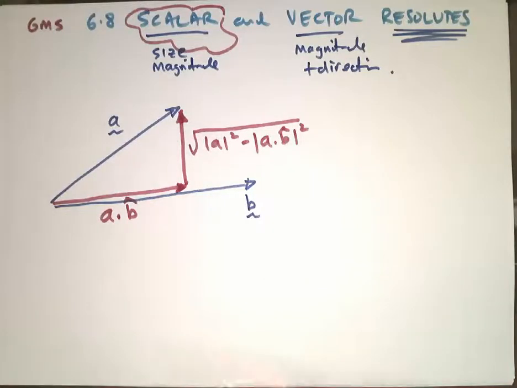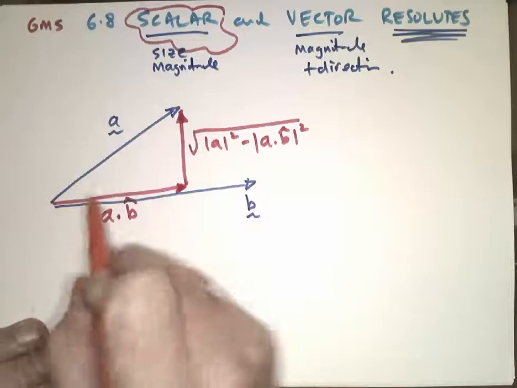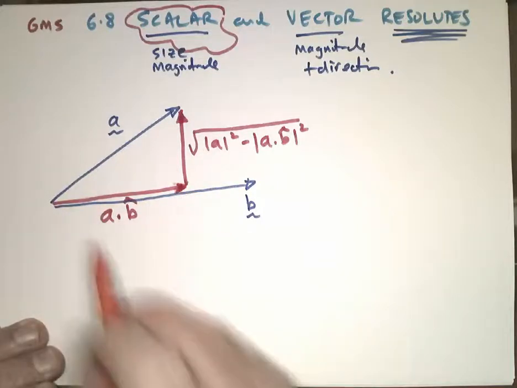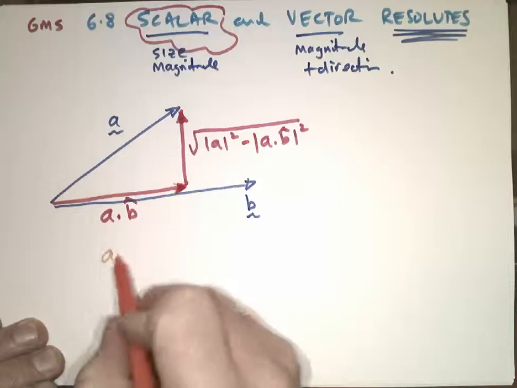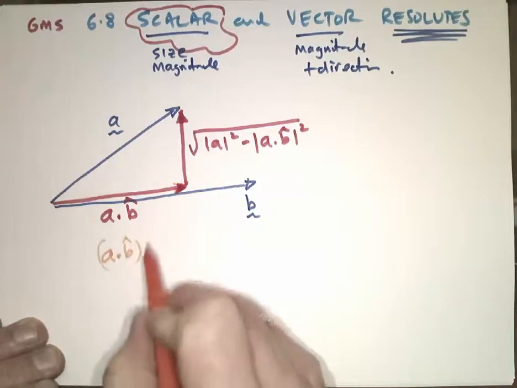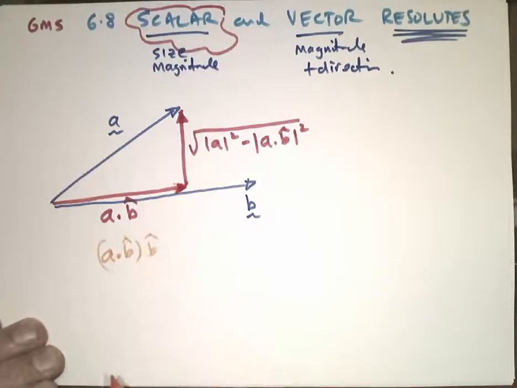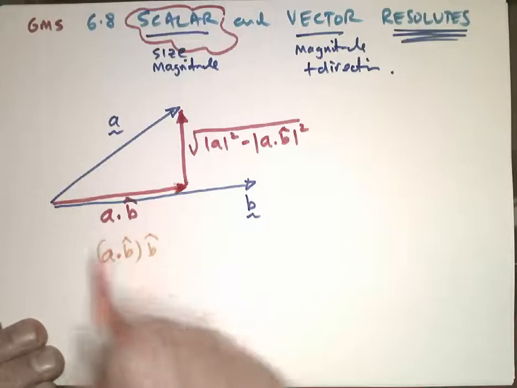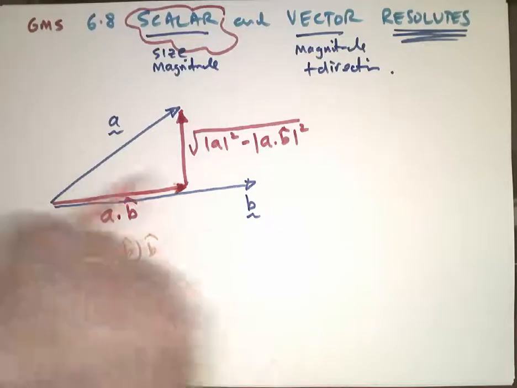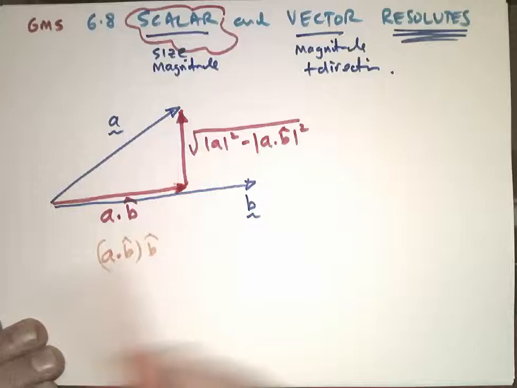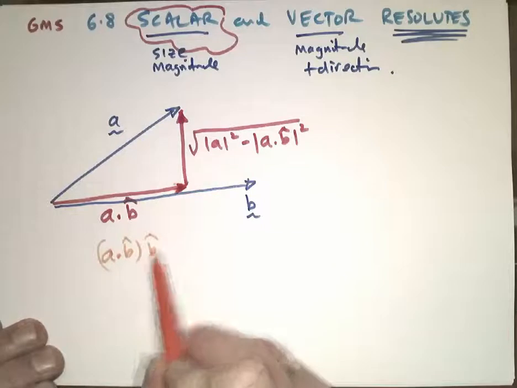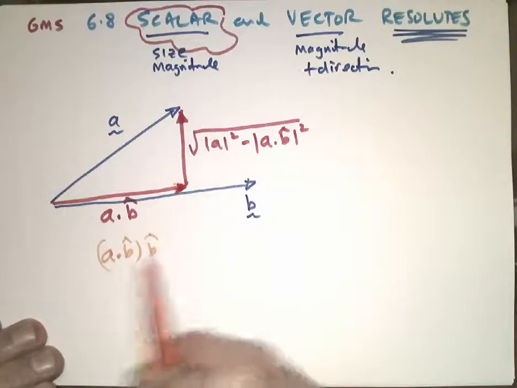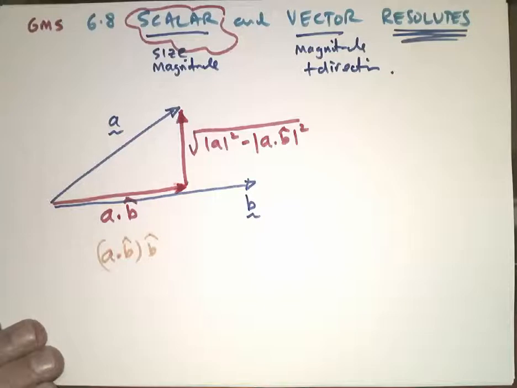If I was to consider these as being vectors, then I can break A into this vector, and this vector will be A dot B hat by B hat. That is, this is its size, its direction is in the direction of B, but I want to multiply it by the unit vector so that it stays this magnitude.